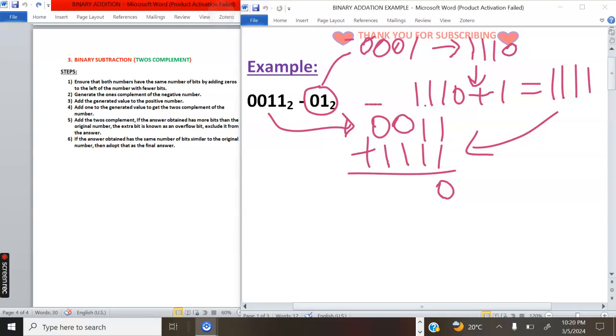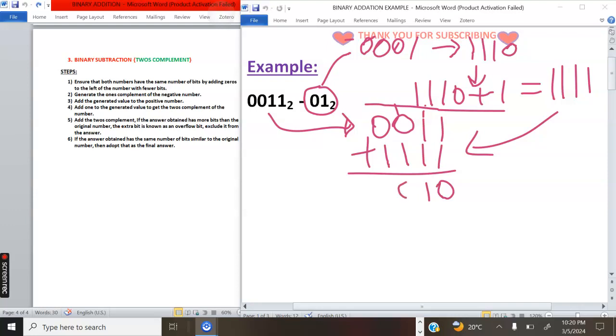Okay, let me draw a line here to separate. So we have 1 here. 1 plus 1 plus 1 is 1 1. So we'll have 1 here, then you carry another one above. Then we have 1 plus 0 plus 1, which is equal to 1 0.